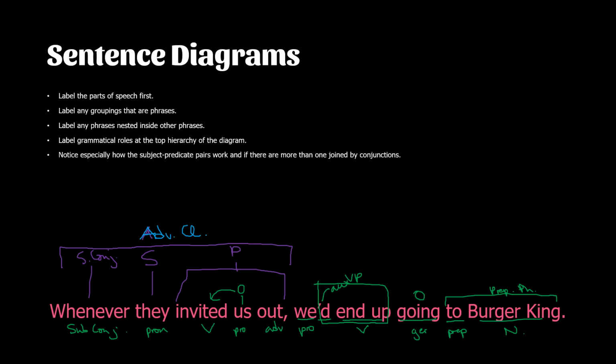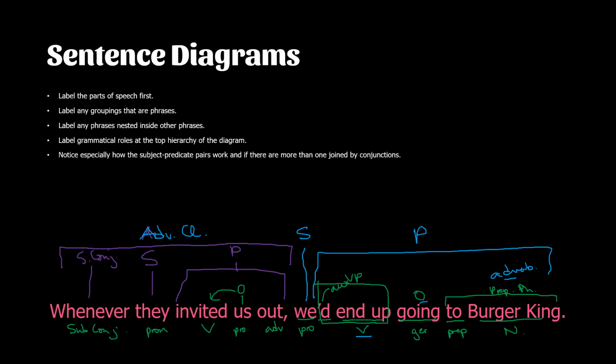Next, we have this little pronoun all by itself as the subject. End up going to Burger King: the main verb is end up, the object is going, and to Burger King is the adverbial. A predicate consists of the main verb followed by any objects or adverbials. So this all is a predicate.